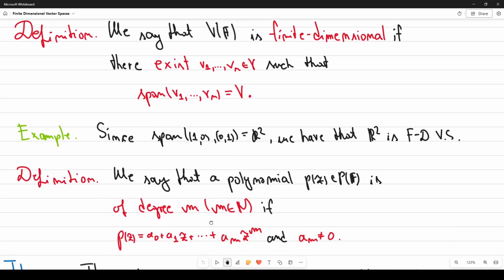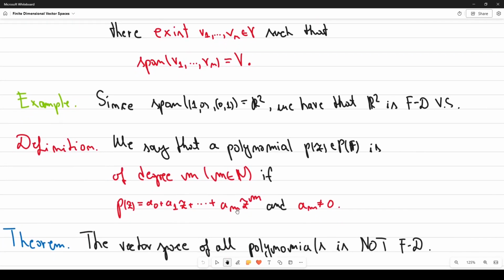Now, to show an example of a non-finite dimensional vector space, we have to introduce the following concept regarding polynomials.